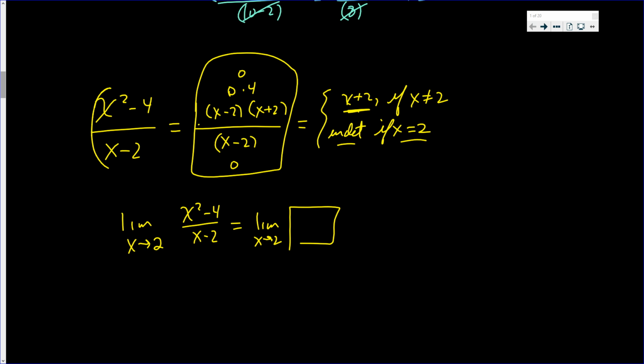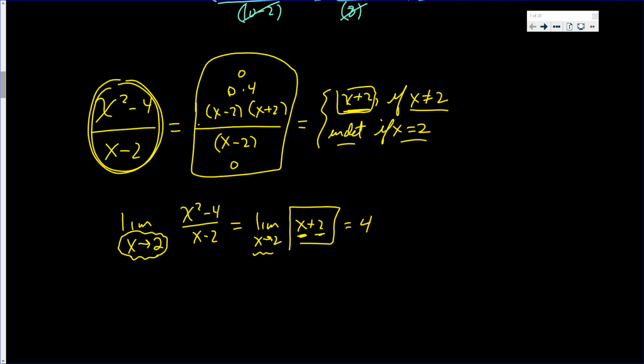Well, all I know is x is not 2. This function is equal to x plus 2 when x is not 2. And if you're really, really close to 2, because it tells me that x is close to 2, and you add 2, you get really, really close to 4. It approaches 4.